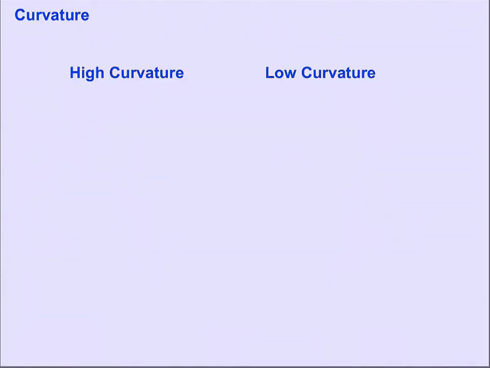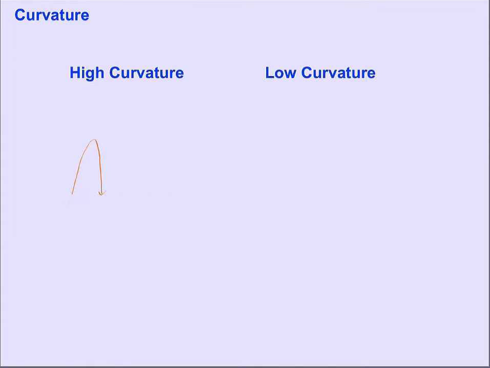One more thing we're going to do with this. Another way of understanding the second derivative is that it measures what's called the curvature of a graph. So a graph that has high curvature means its rate of change is changing fast.